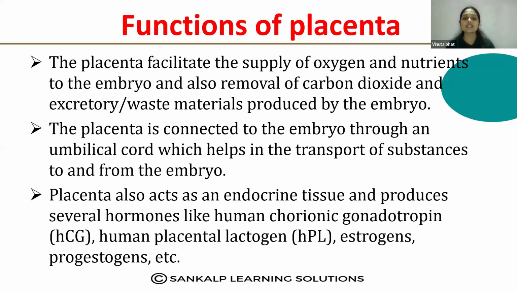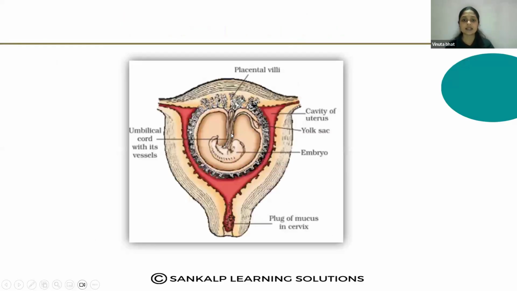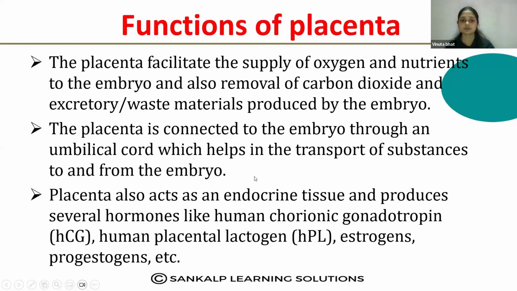Okay, and the placenta is connected to the embryo through an umbilical cord, which helps in the transport of substances to the embryo from the mother. So this is the umbilical cord that helps in the transport of these materials from the placenta to the embryo.